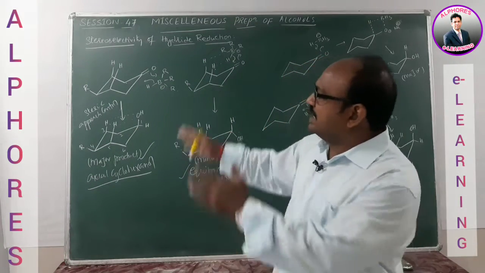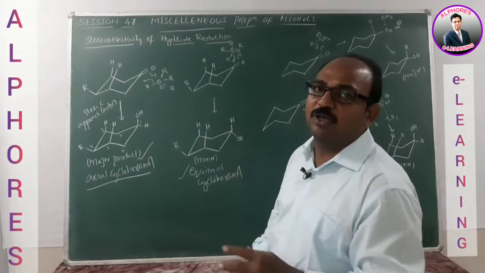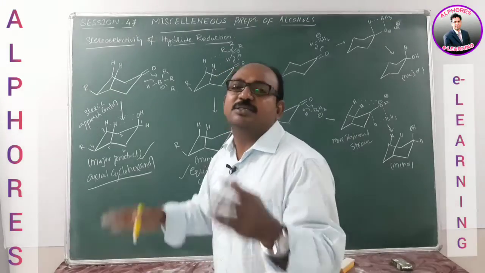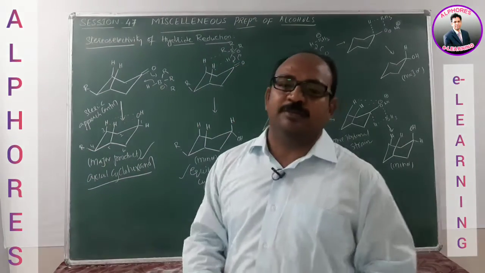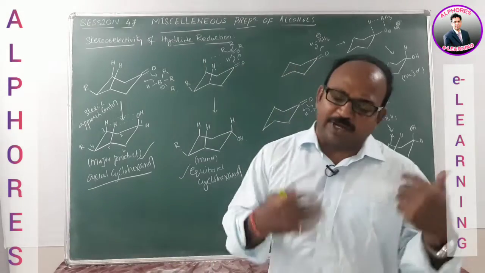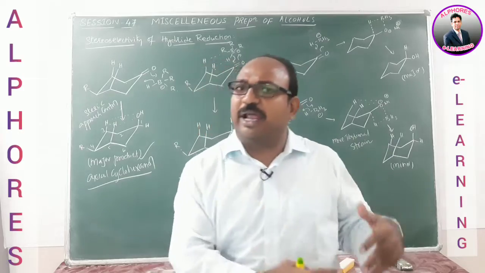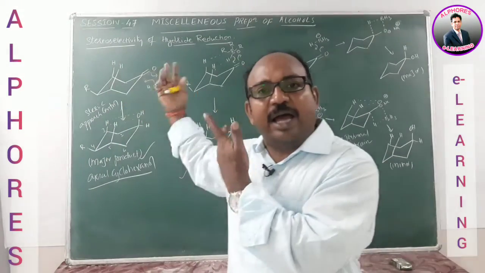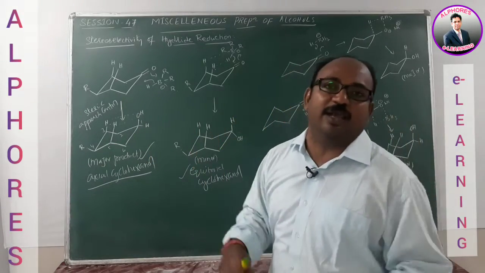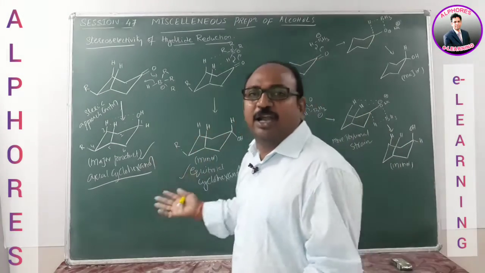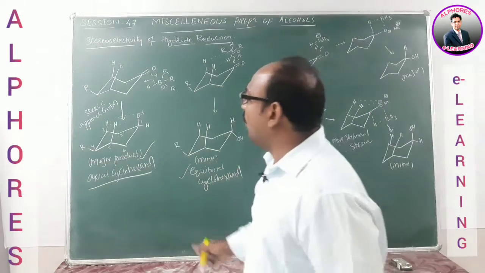That means 4-alkyl substituted cyclohexanone upon reduction by using, say for example, diisoamyl borane or tri-tertiary butyl boron hydride, which consist of much bulky alkyl groups, we get diastereomers of products. Two products we get, of which one is major and one is minor.